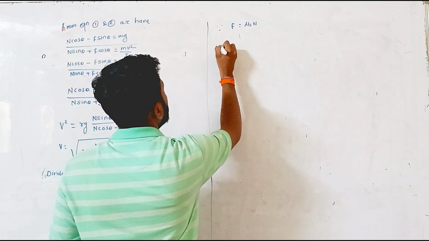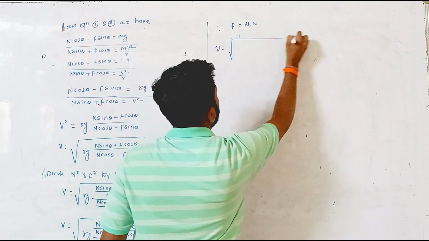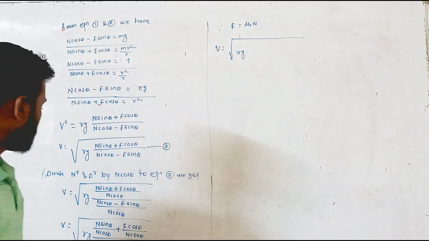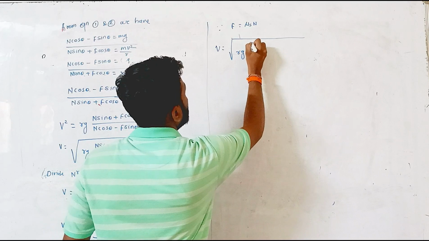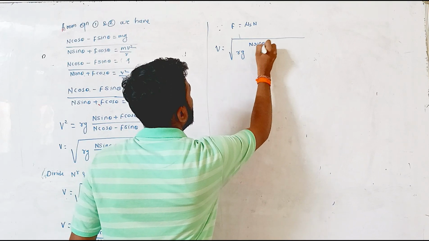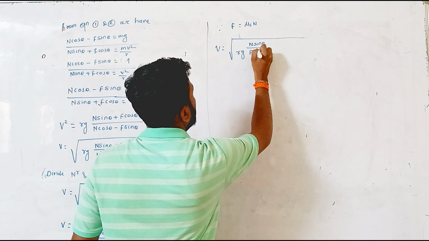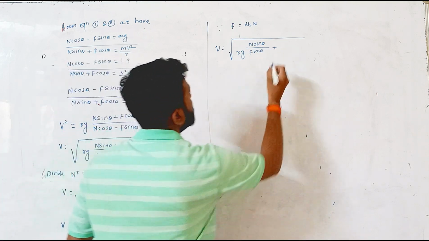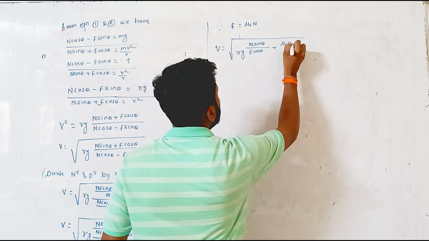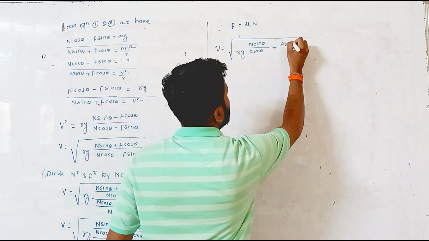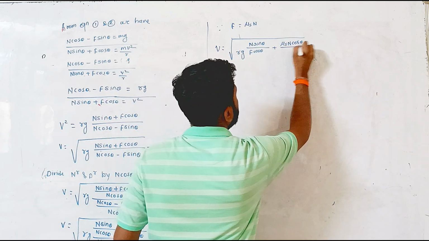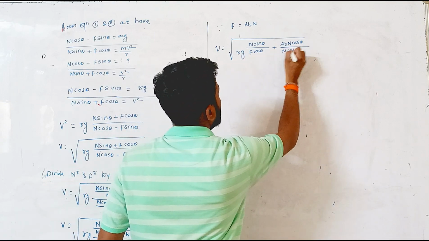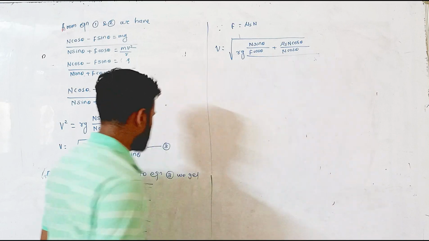So we write this equation v equal to under root rg, n sin theta upon n cos theta plus, what we put, mu s n into cos theta divided by n cos theta.